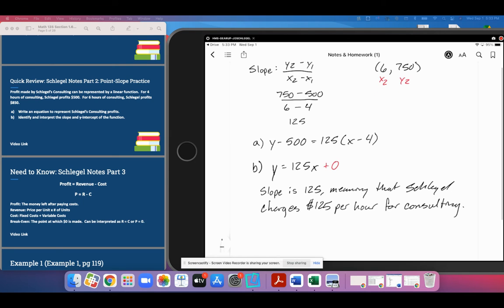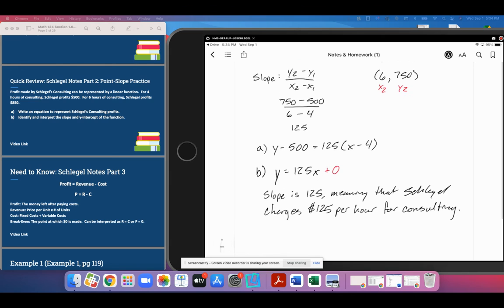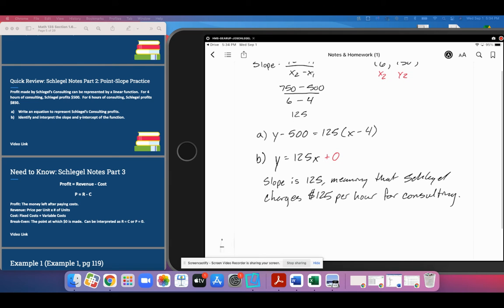And this is a very true story, folks. I have done some consulting with local school districts about math and that sort of thing, and 125 is the current going rate, which is pretty awesome if you ask me.